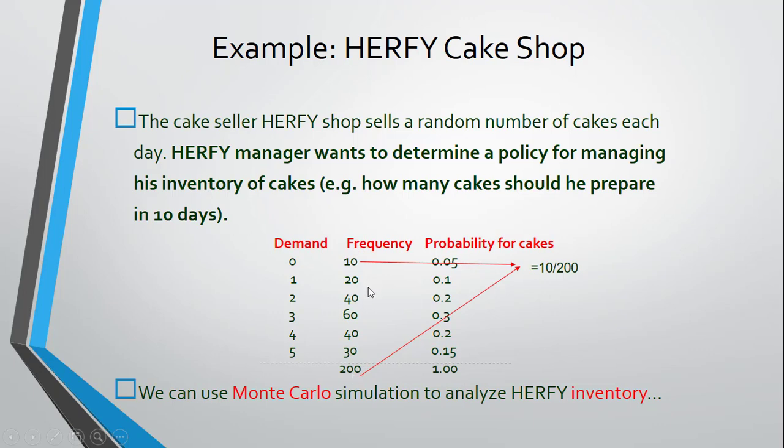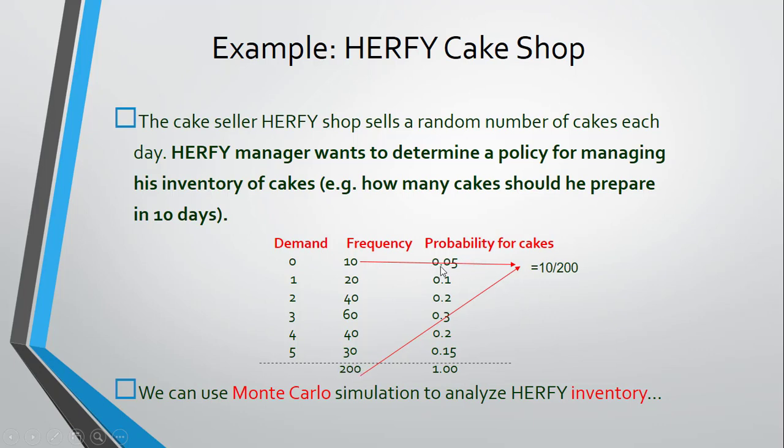That's from historical data, right? From this frequency distribution, you can calculate the probability for cakes. The probability for no cake sold is 10 divided by 200, which gives you 0.05.